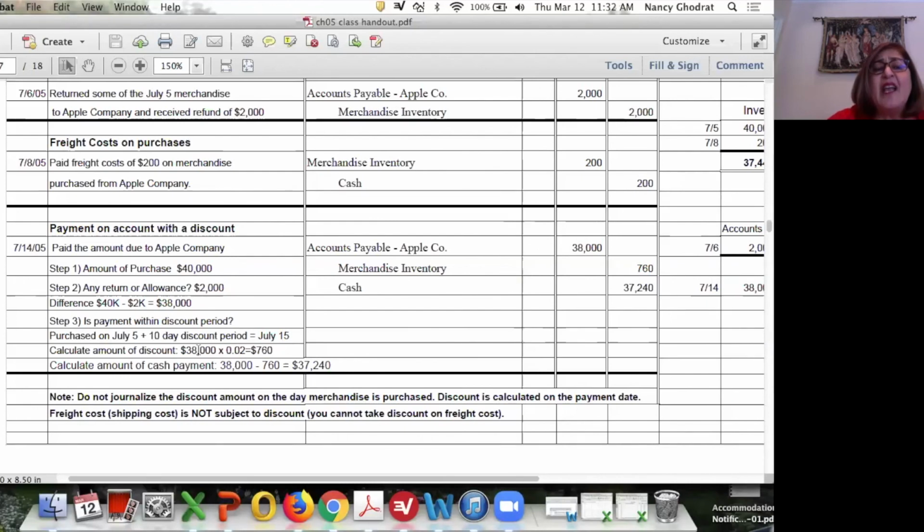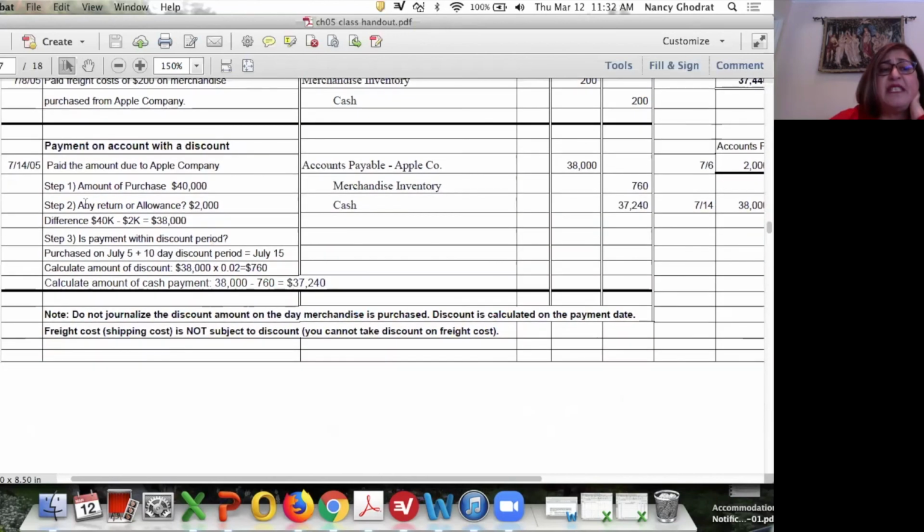Now, guys, when we want to do payment for inventory and we want to take advantage of the discount, I encourage you to go through these steps that I've written in here. Otherwise, you might forget that there was some return or allowance. So the first thing you're going to do is, how much did we buy?